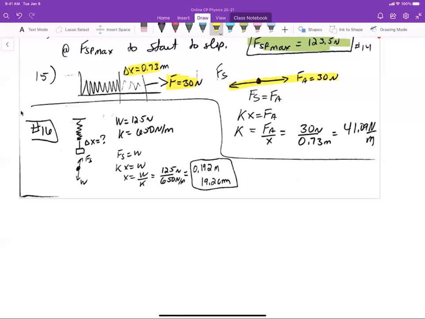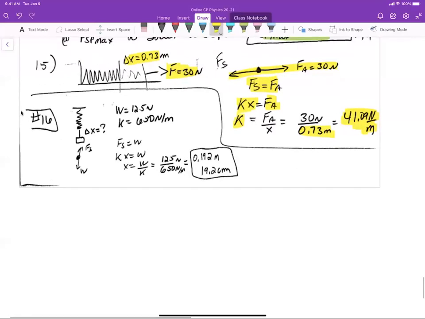They have to equal one another. So I then plug in the equation for force of the spring, which is kx, you'll have that. And that has to equal my force applied, which we know. They asked for the k constant, so rearrange everything, make sure your units are in meters. They're often given in centimeters, and I can find my k constant to be approximately 41 newtons per meter.